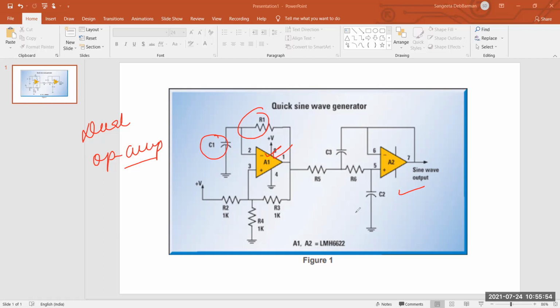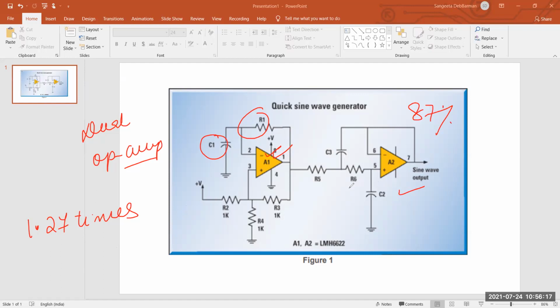Now the basic frequency component of the square wave signal is 1.27 times the square wave signal's peak amplitude. So the sine wave output we are getting here will be around 87% of the square wave signal.